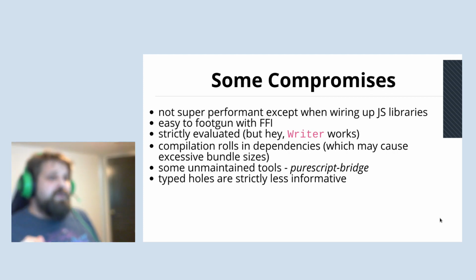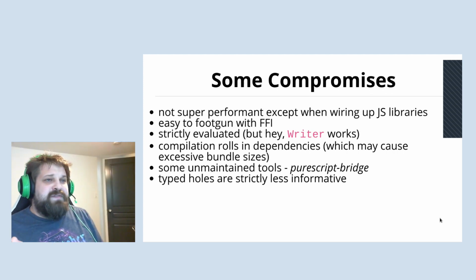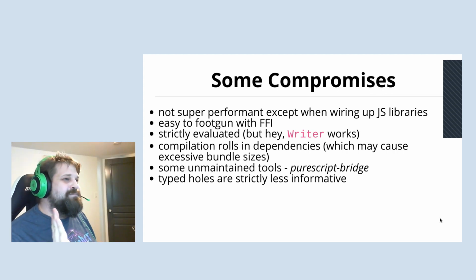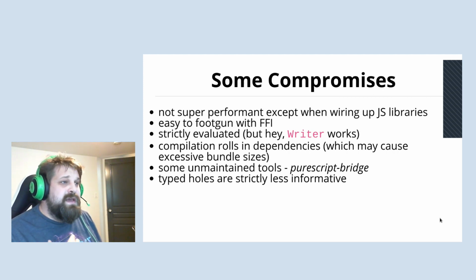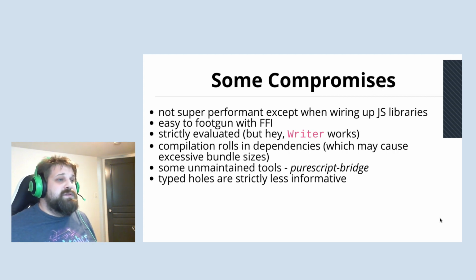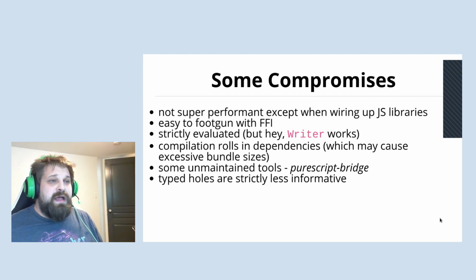It is strictly evaluated, but writer doesn't have a space leak. Compilations roll in your dependencies, so you can actually cause excessive bundle sizes, and you'll have to go and minimize your work afterwards. And there are some unmaintained tools, and I'm pointing directly to Purescript Bridge. It's not maintained. There's a billion forks of it.